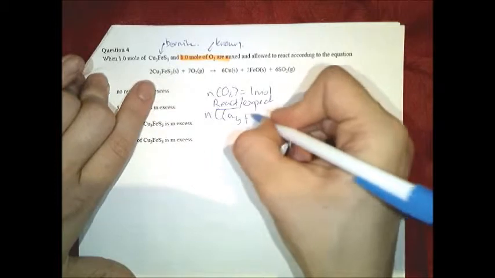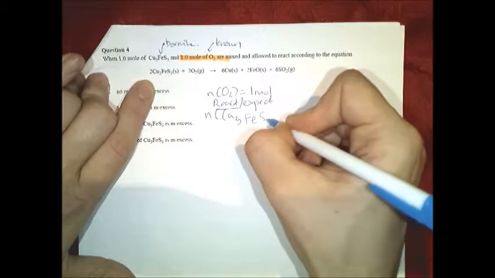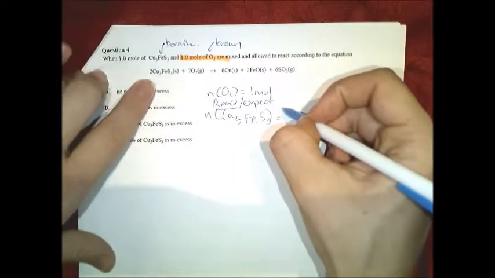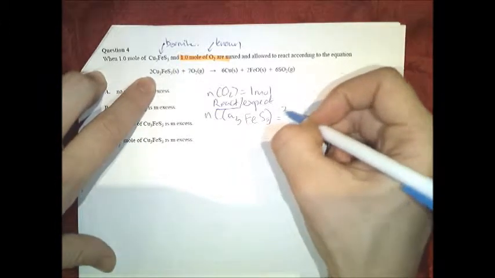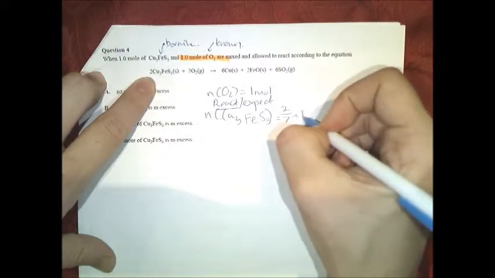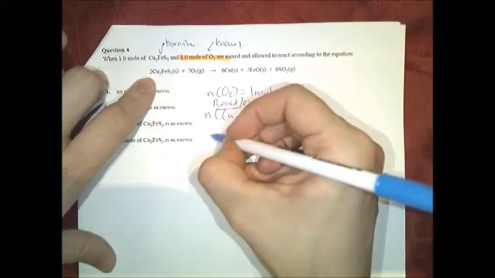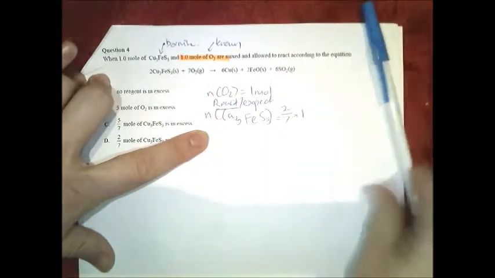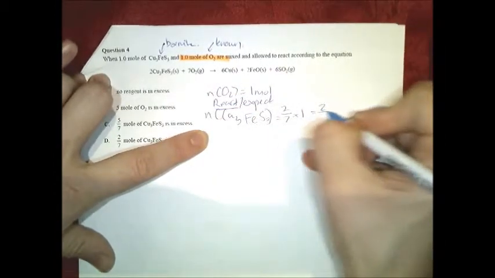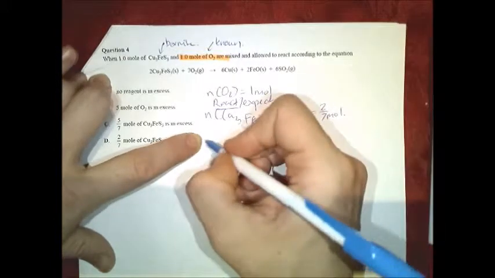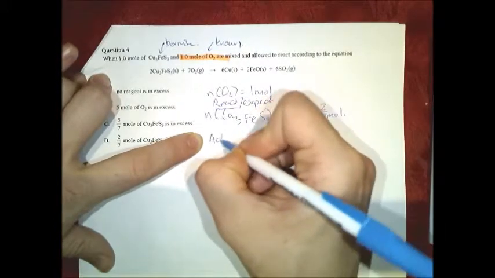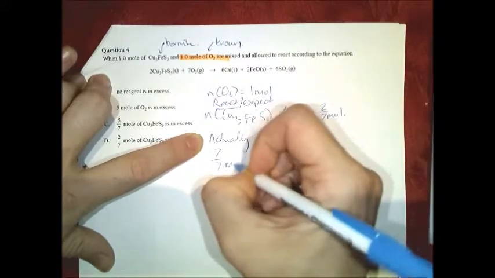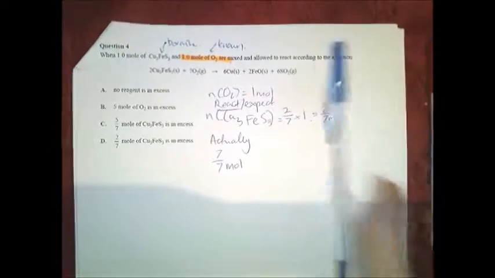of Cu3FeS3 equals unknown over known, which is 2/7 times 1. Okay, now that already tells me that we expect 2/7 mole, which is less than 1. But we actually have 7/7 mole, don't we?